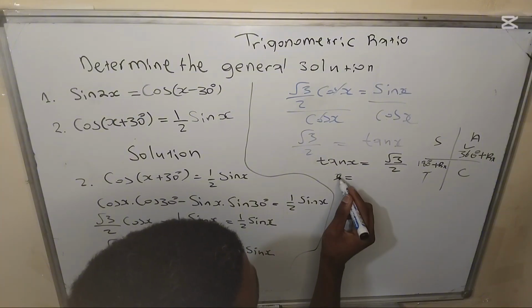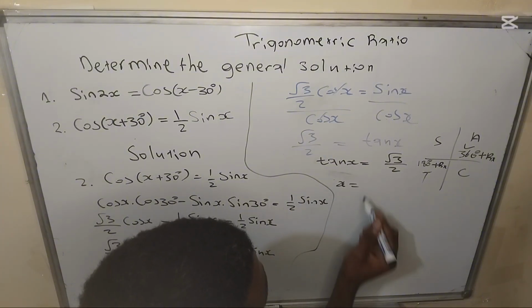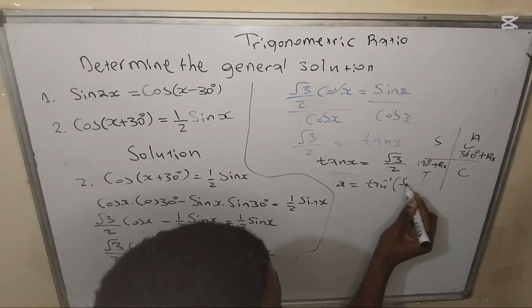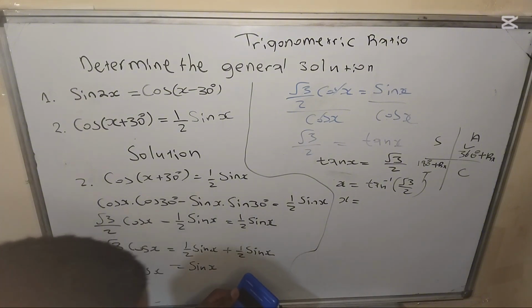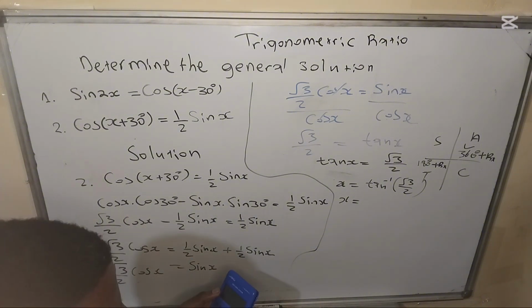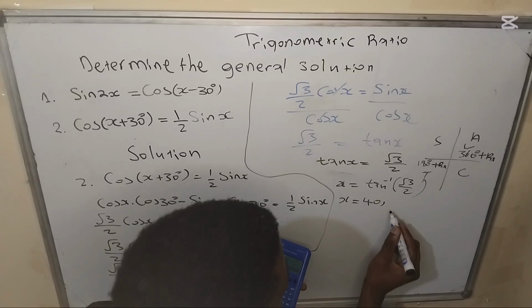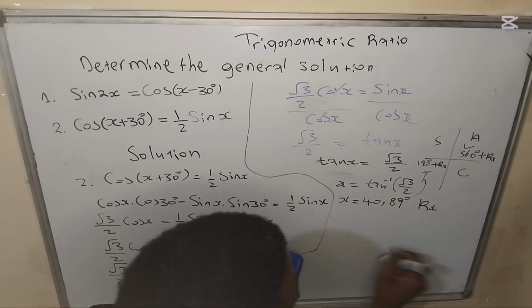x is equal to arctan of root 3 over 2. We have 40,89 degrees. So that is our reference angle.